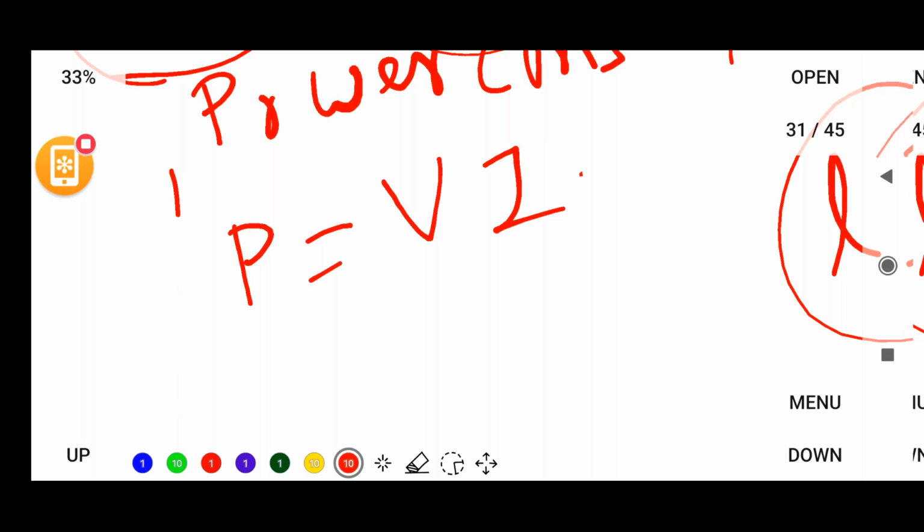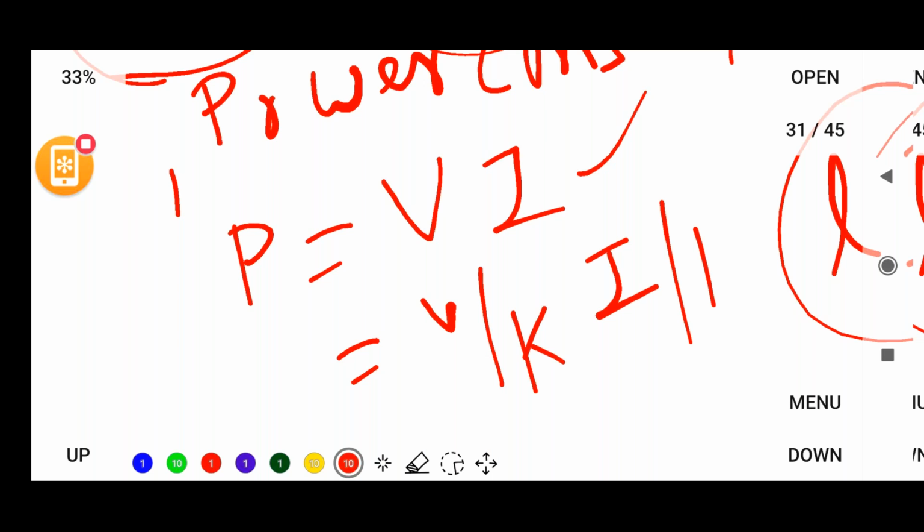You know this formula, P is equal to V into I. Here the current and voltage are also scaled down. Suppose my voltage is scaled down to V by K, and the current is also scaled to I by K. K is a scaling factor.